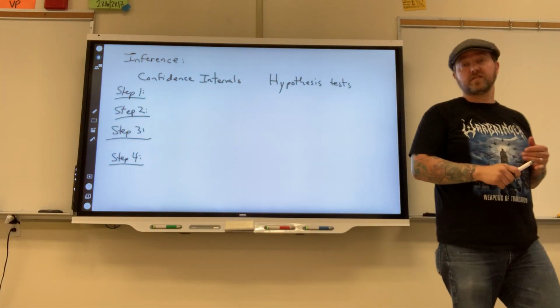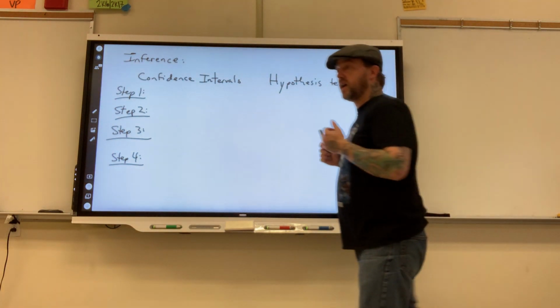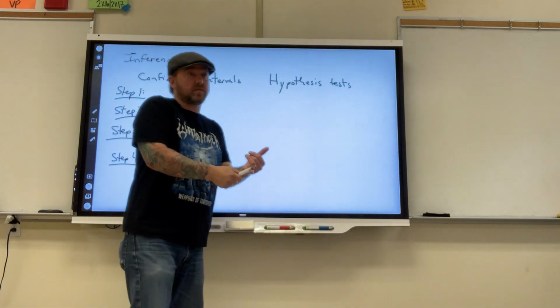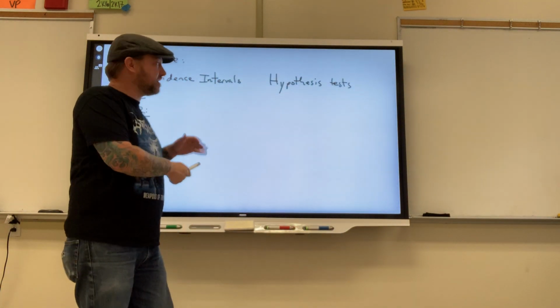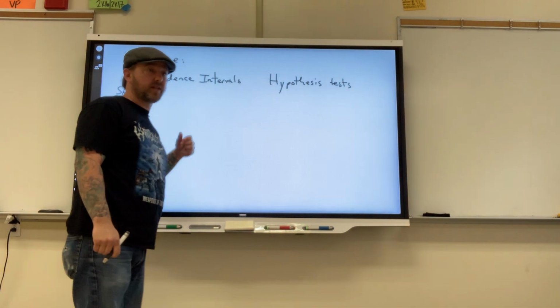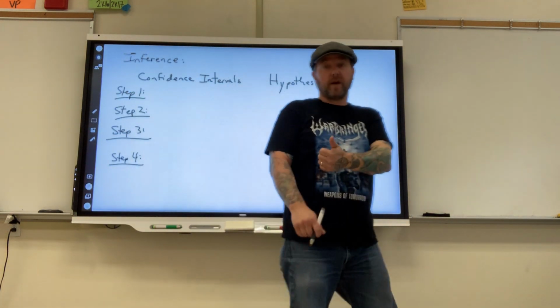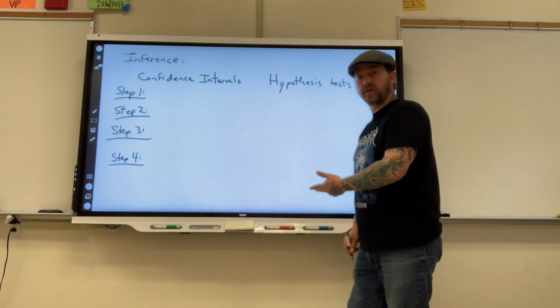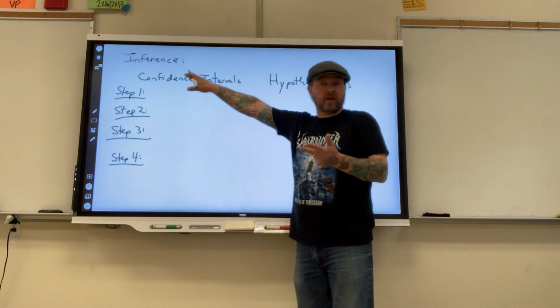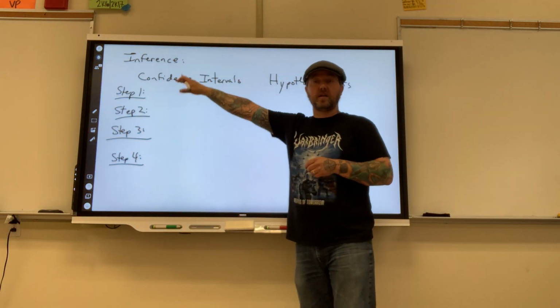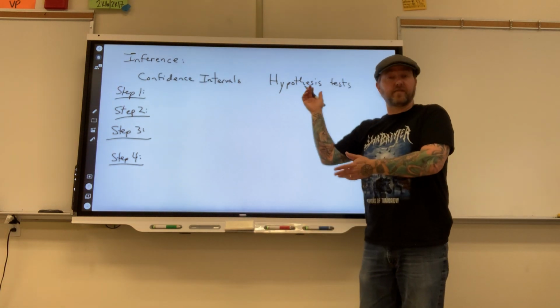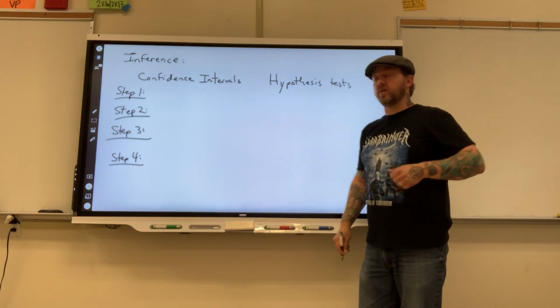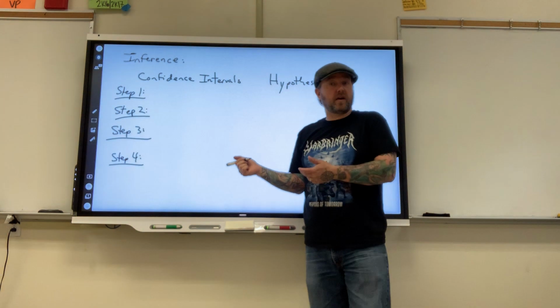Step 2, conditions. What are our conditions? As a general rule, the conditions are always random, normal, sigma known, or unknown. If it's random, that's a condition for everything. Normal, okay, how is it normal?